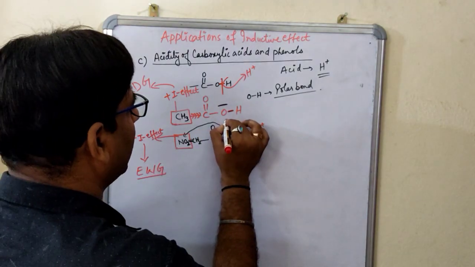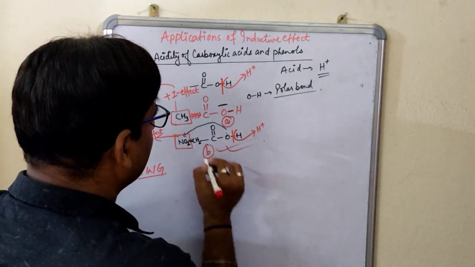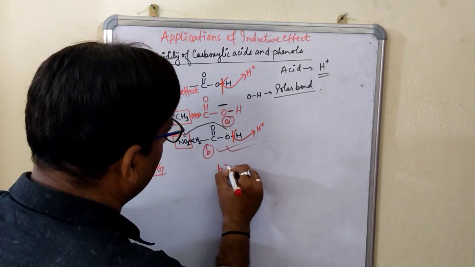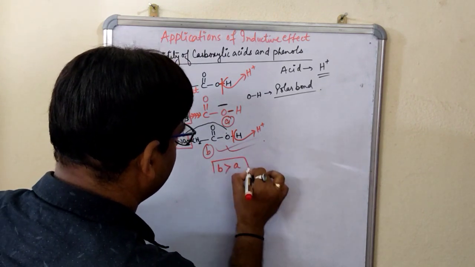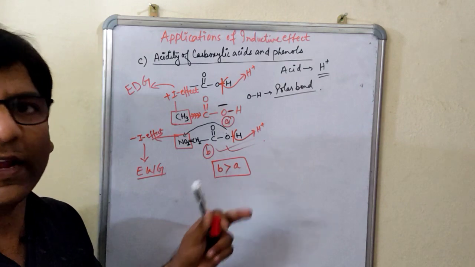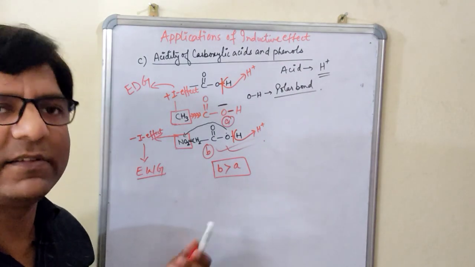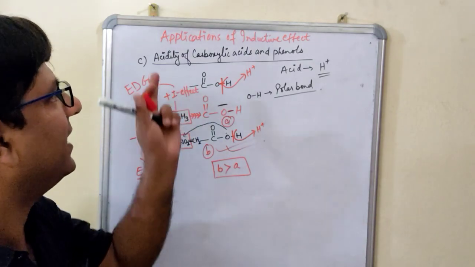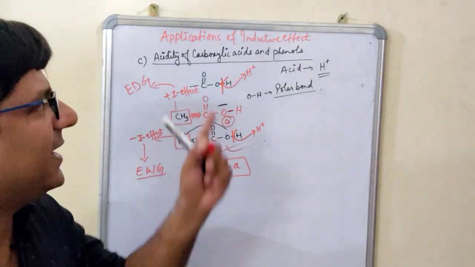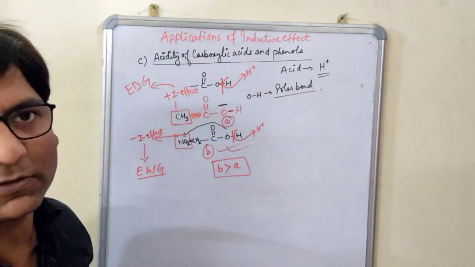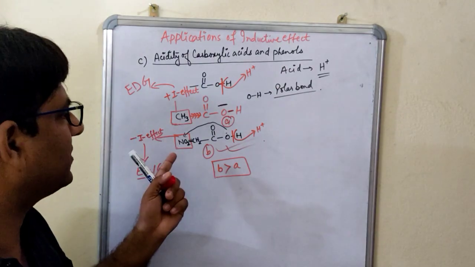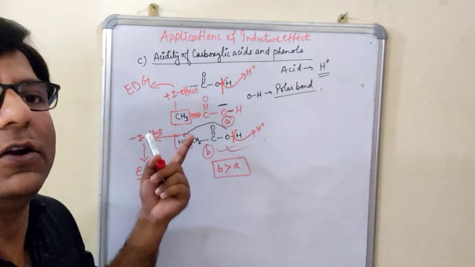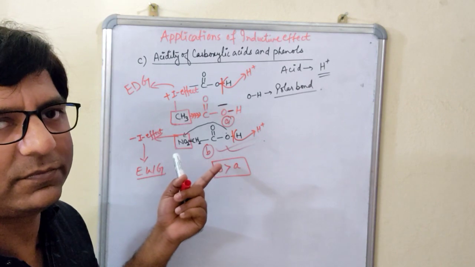So if suppose this is A and this is B, I can write that B is more acidic than A. This is the example, and through this you can understand the acidity of carboxylic acid. The same concept you can apply for the phenols also, if you have electron withdrawing substituents and if you have electron donating substituents.